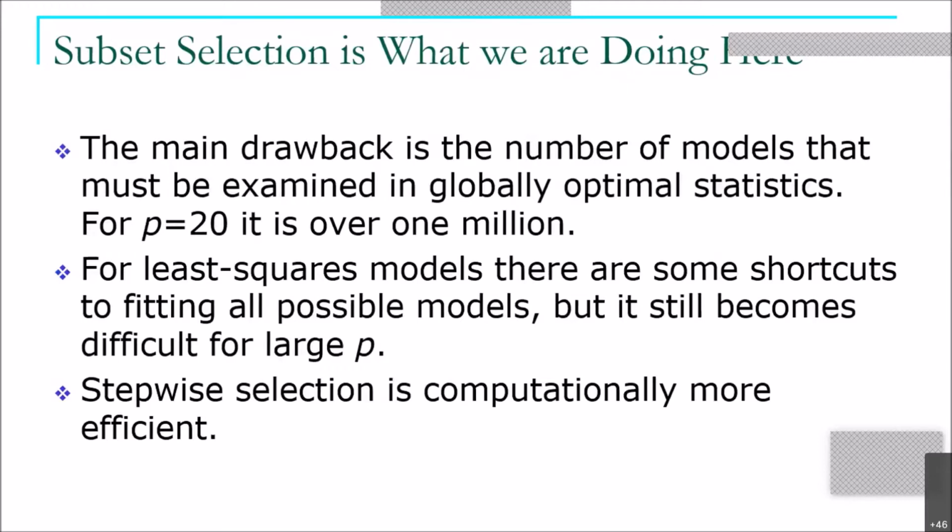And even though there are shortcuts that have been developed, especially for least squares models, they still become computationally explosive or unmanageable. So today, I'm only going to be talking about stepwise selection, where you're going to be adding variables one at a time, which is computationally vastly more efficient.